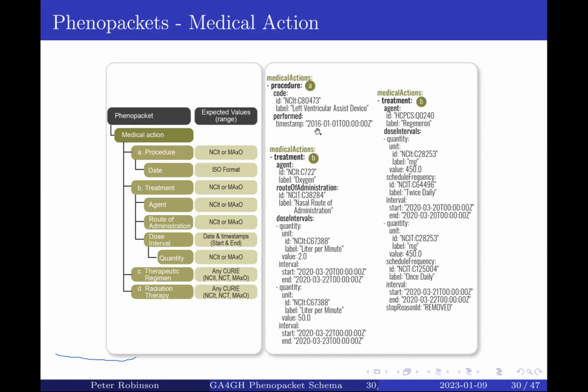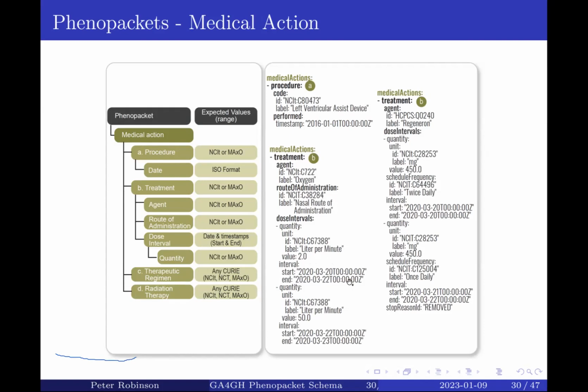But this is an example of a patient who had COVID, who in 2016 had heart failure, got a left ventricular assist, and who was admitted in 2020 at the beginning of the pandemic. Initially was given oxygen by nasal cannula, 2 liters a minute.